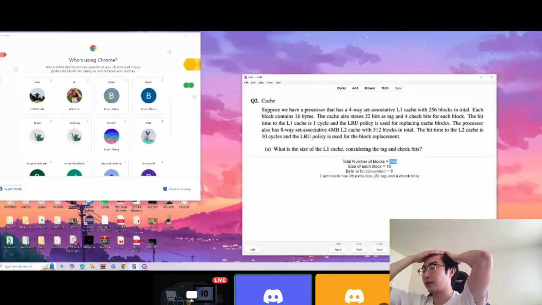I definitely got that wrong on the exam. Okay, so that means if this is 1 nanosecond, then that would be 1,000 picoseconds. Okay, so does that mean 1 nanosecond is 1,000 picoseconds?